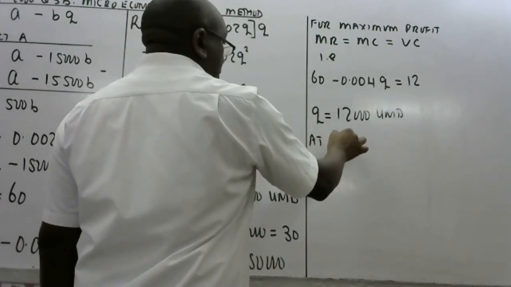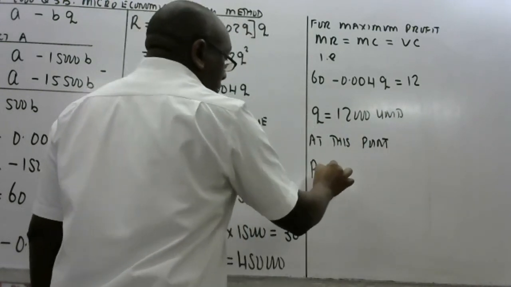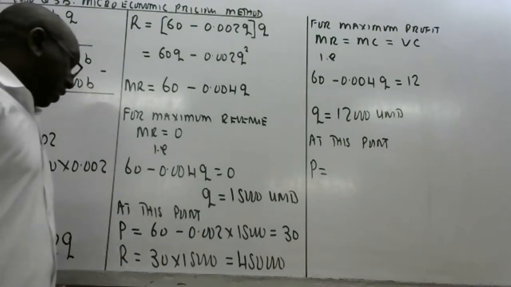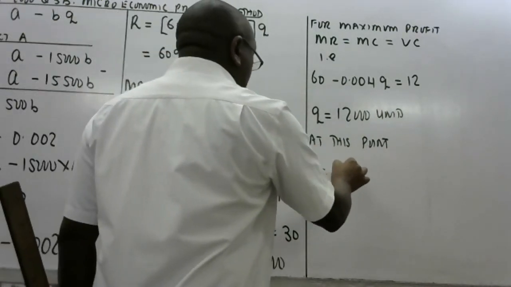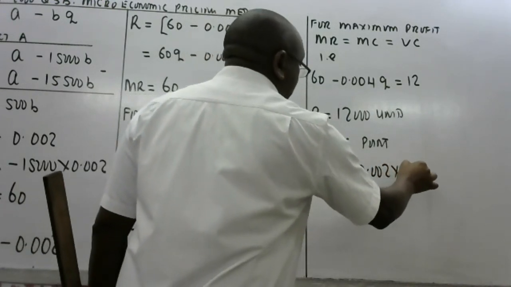So at this point, P, you now substitute again in the price function, 60 minus 0.002 times 12,000.